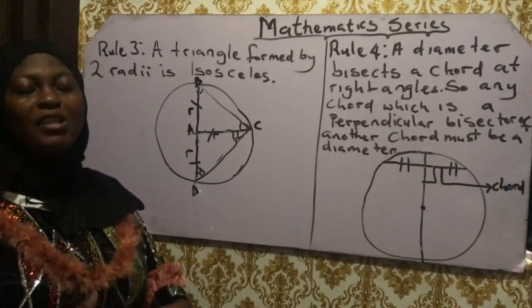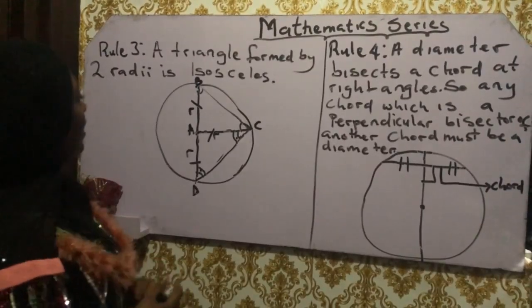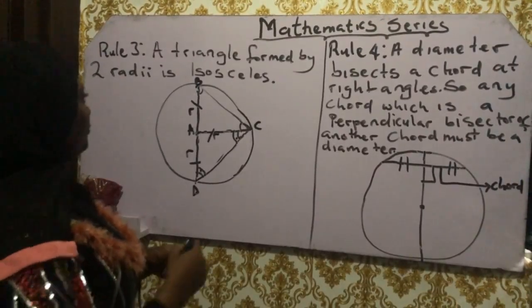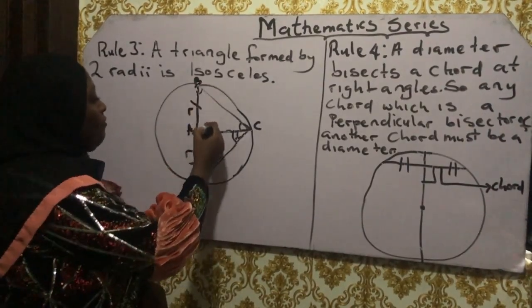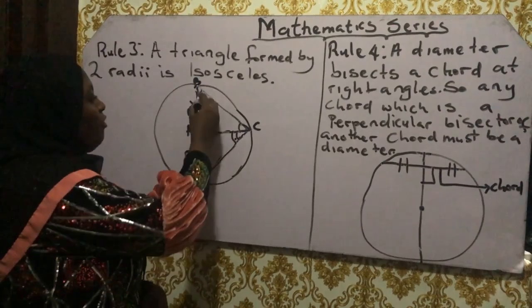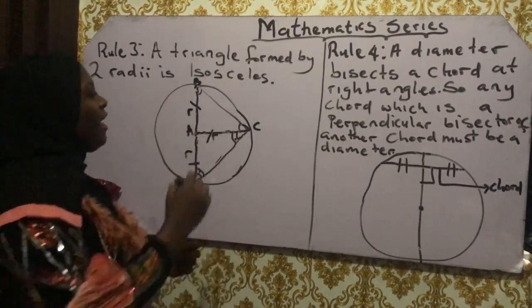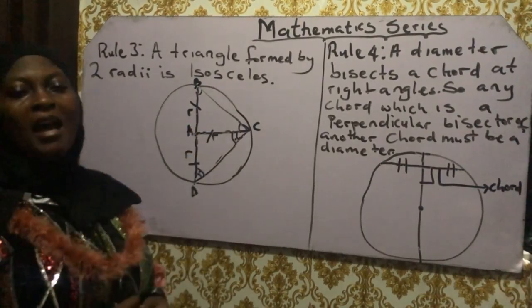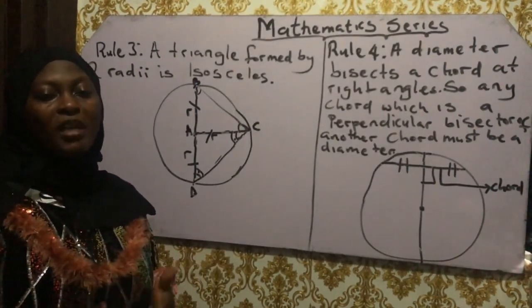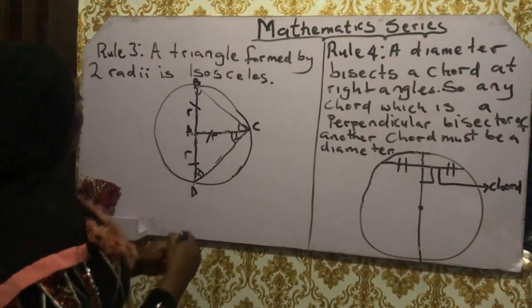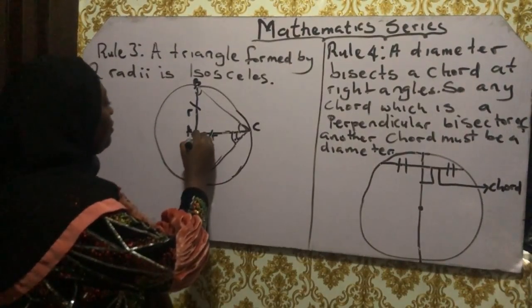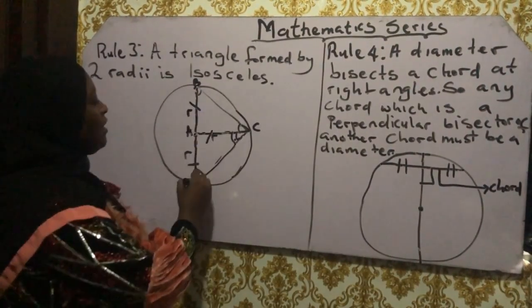So when we say a triangle formed by two radii is isosceles, we mean that you have two radii forming a triangle. And I don't want you to get confused, because some people might be looking at that from the point of the center of the circle, that this is a diameter.